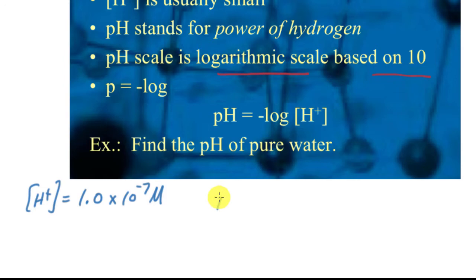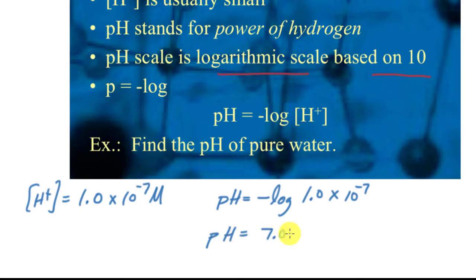All right, so to find pH, I'm going to take the negative log of that concentration of the hydrogen ion. I'm going to take this concentration of hydrogen and plug it into my equation. So 1.0 times 10 to the minus 7. All right, so I can find that my pH is 7.00.